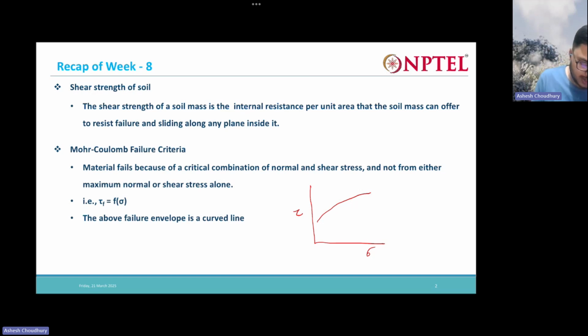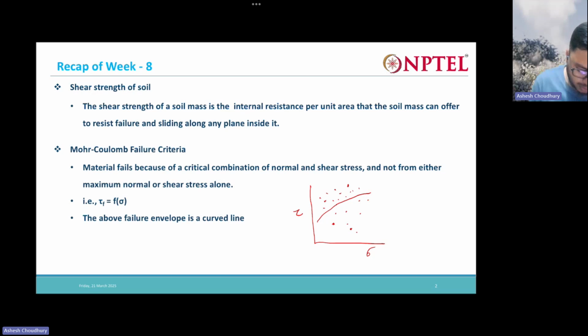Now, if the soil has a combination of shear stress and normal stress that plots on this line, the soil will fail. But if the soil has a combination of shear and normal stress that plots below that line, then the soil will not fail.